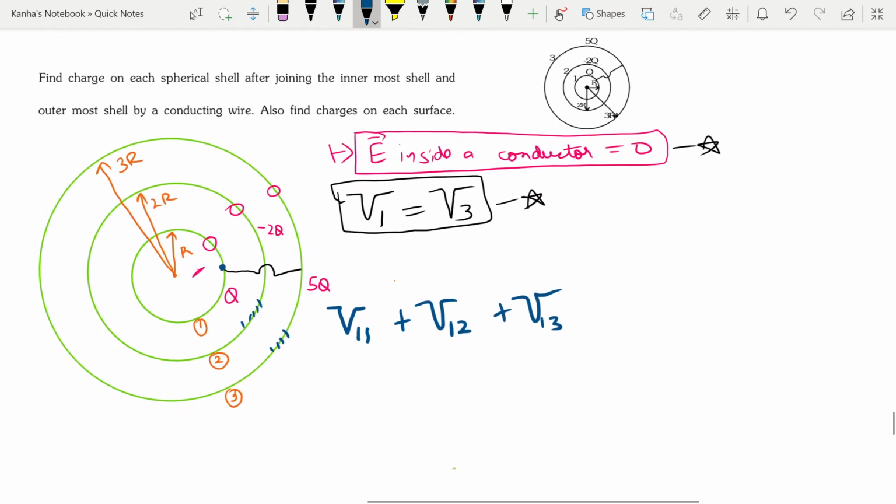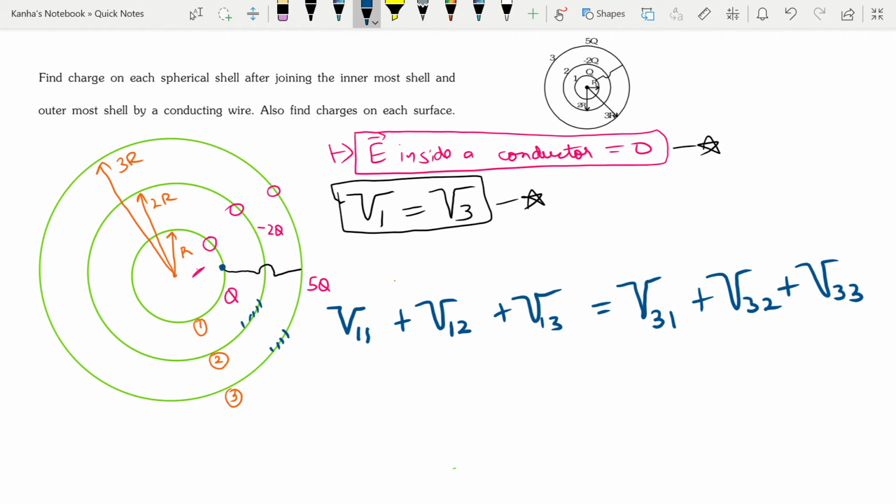Similarly, V3 can be written as the potential at 3 due to the charges at shell 1, plus the potential at 3 due to the charges at shell 2, plus the potential at shell 3 due to the charges at shell 3. This can be extended to many shells and to any other electric charge outside the system as well. So this is the first condition.